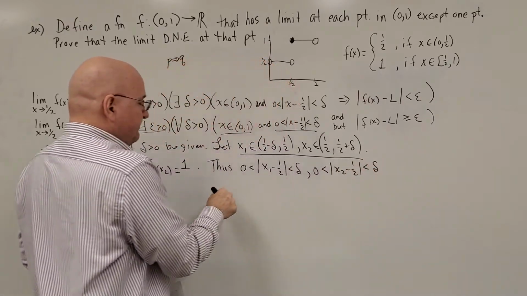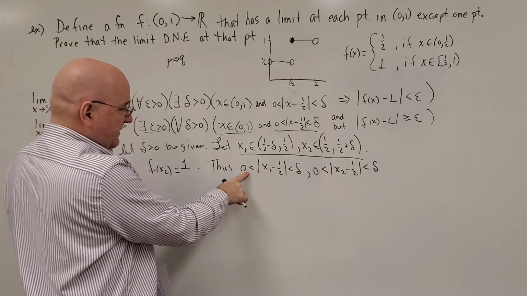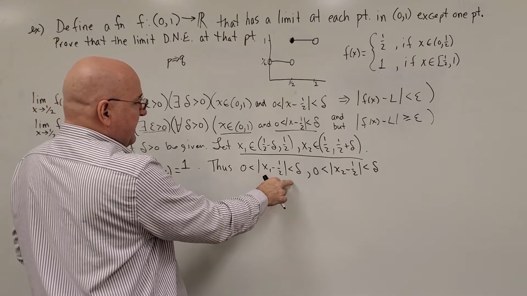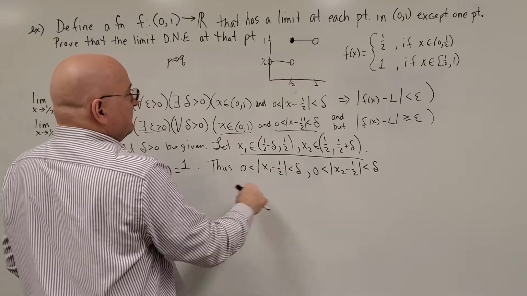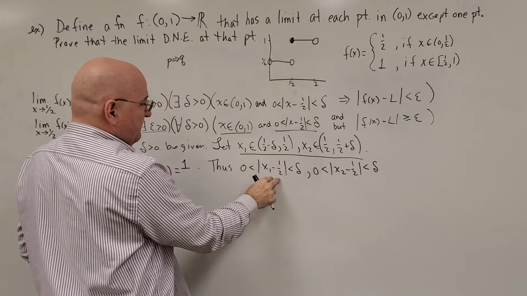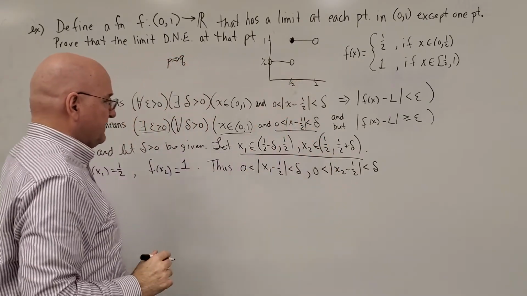So again, that just simply says that neither one of them is equal to 1/2. That's why we have this 0 here. x1 being to the left of 1/2, actually in this region, is within delta of 1/2, and x2 in this region is within delta of 1/2.